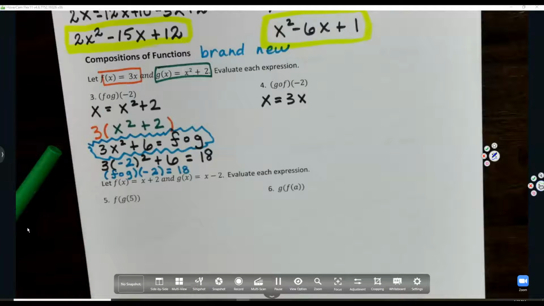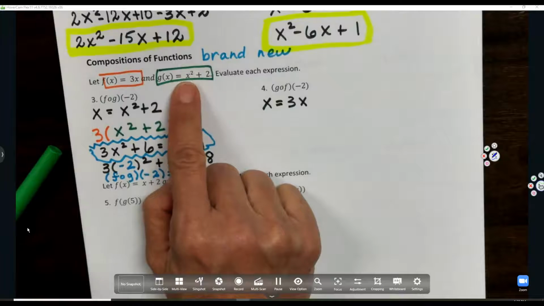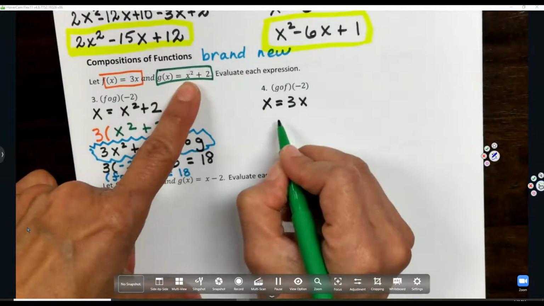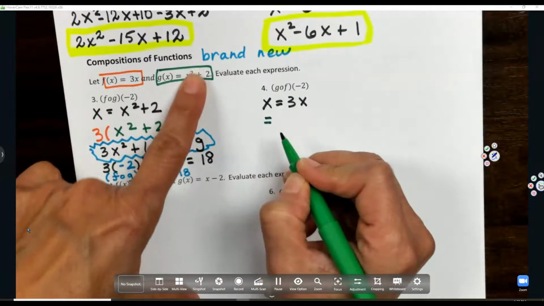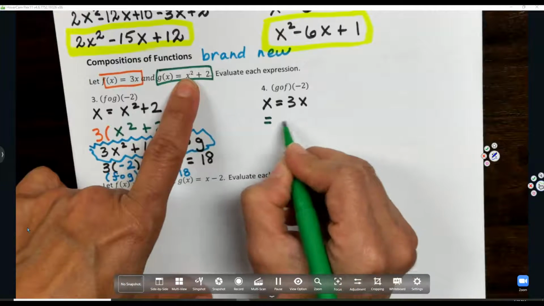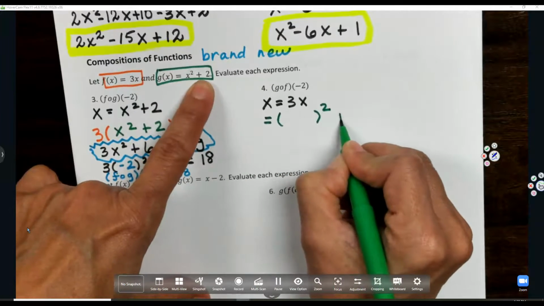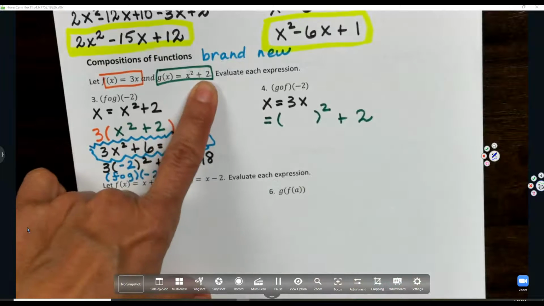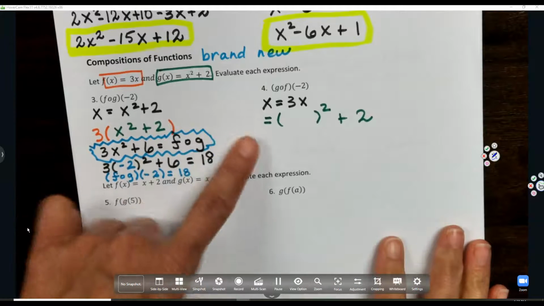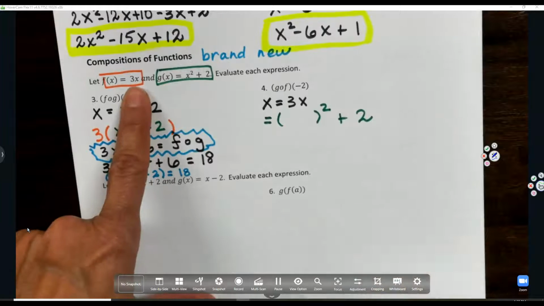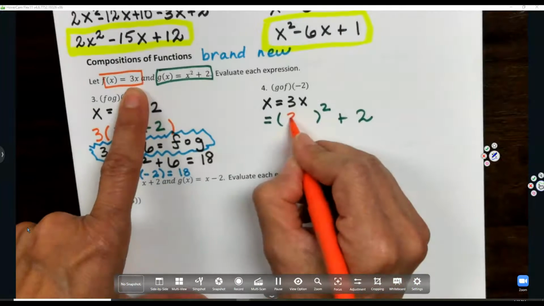Okay. So g of x, I've been using green ink for g of x, so I'm just going to keep it organized here. So the first thing I see for g of x is an x. And that x is going to be squared. And then remember there's a plus 2. And remember where we see the letter x, we're dumping this in. So I'm going to write a 3x here in parentheses.